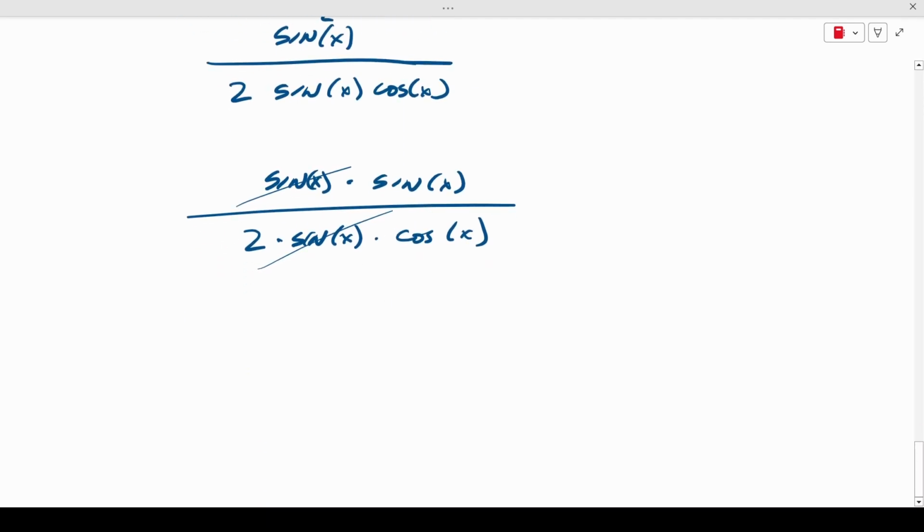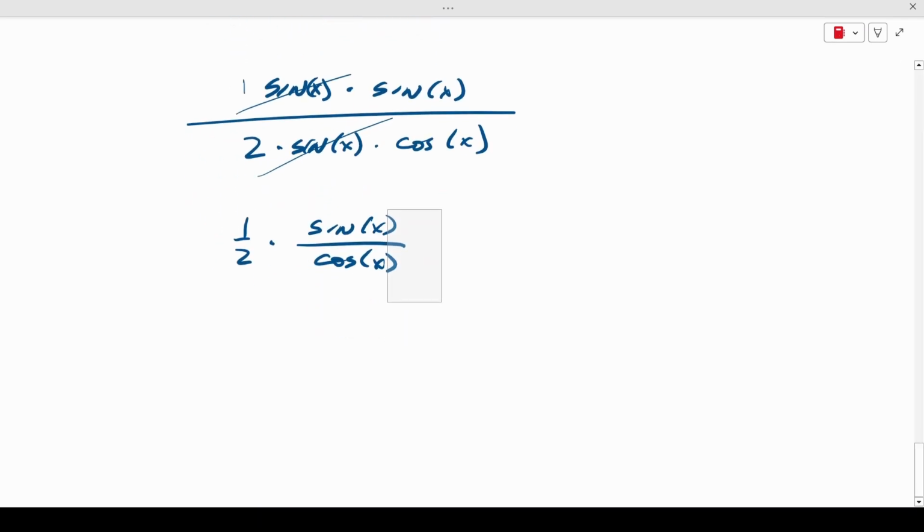Well, there's a few different ways we could do this. I prefer to say, look, this is the same as 1/2 times sine of x over cosine of x. And what's that? Well, that's tangent. There we are.